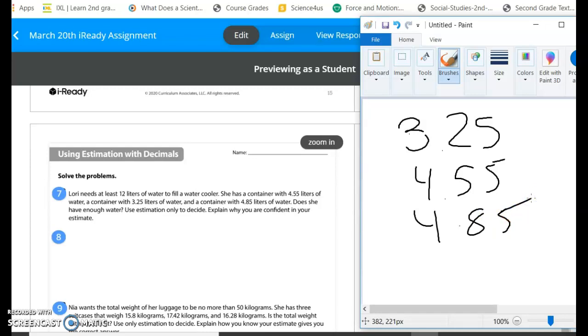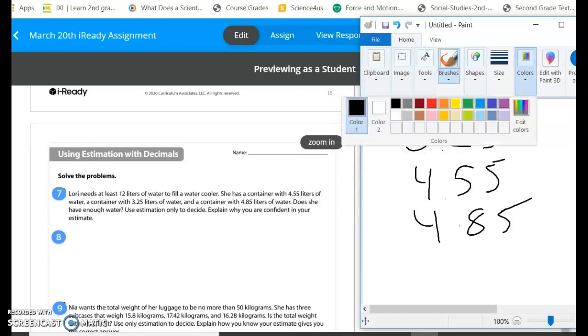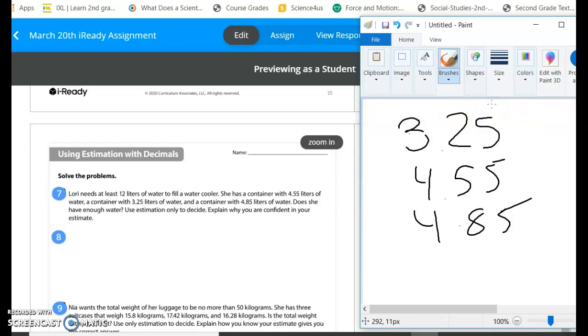And so I want to estimate whether or not I have 12. So for me, because 12 is a whole number, I'm going to estimate to a whole number. So what I'm going to do is say this is where I want to estimate to. So this is the number I need to look at.